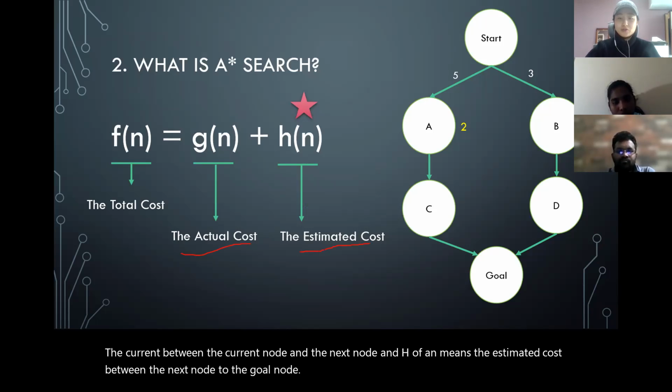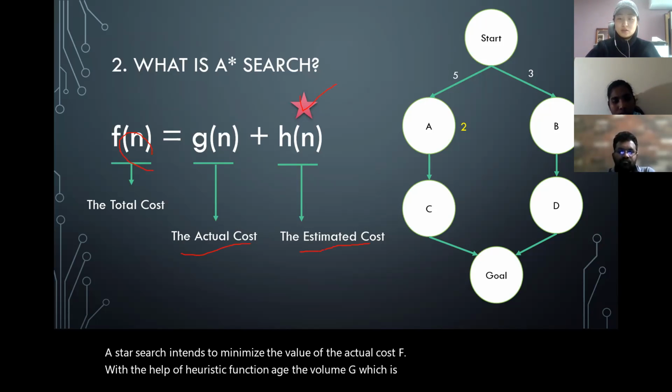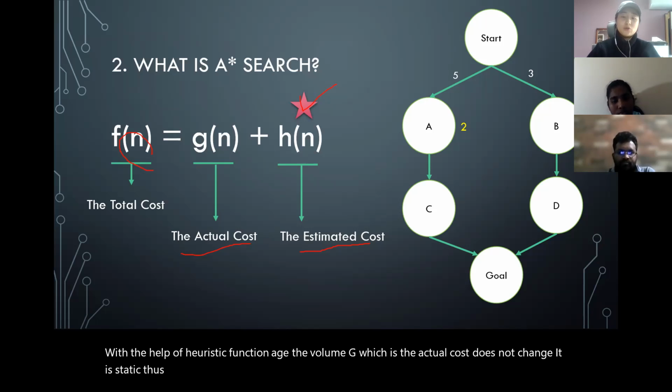A-star search intends to minimize the value of f with the help of the heuristic function h. The value of g, the actual cost, does not change. It is static. Thus, we can reduce the total sum f by choosing the lower value of h.